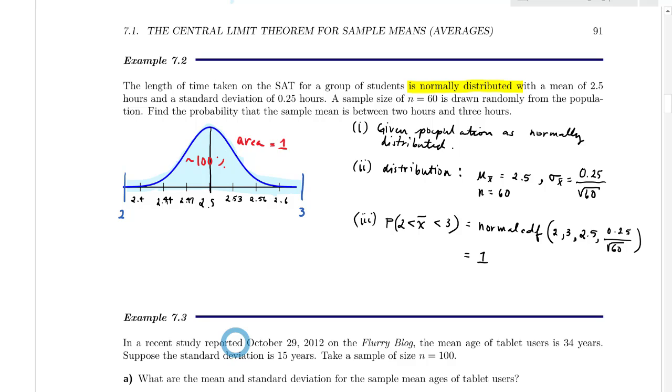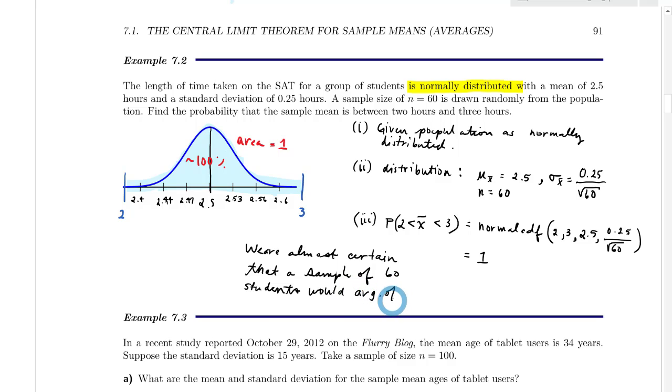So we would say, because one is certain, right, that we are almost certain that a sample of 60 students would take an average of 2 to 3 hours on the SAT.